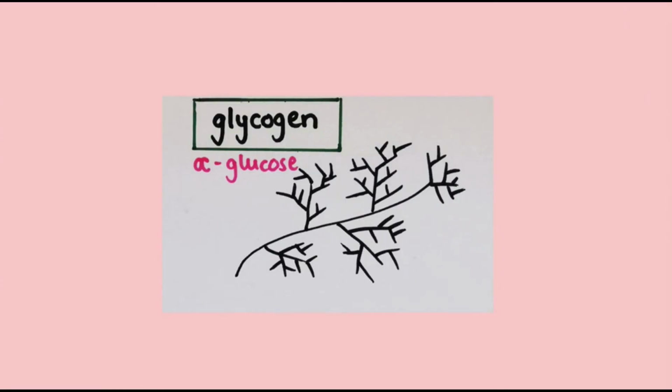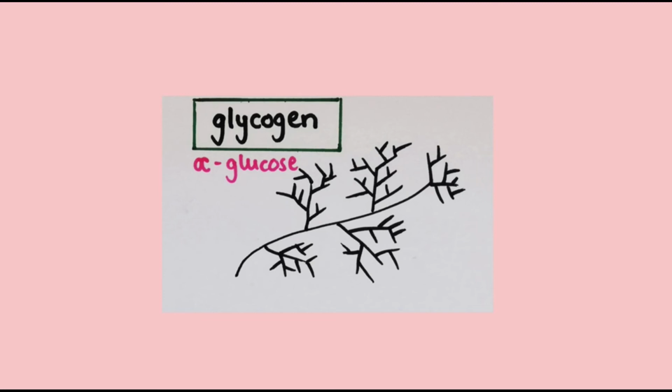On to animals now, and we need to store our glucose somehow as well. We store our glucose in long, branched chains of alpha glucose called glycogen. So glycogen sounds very much like amylopectin, except that it is even more branched.